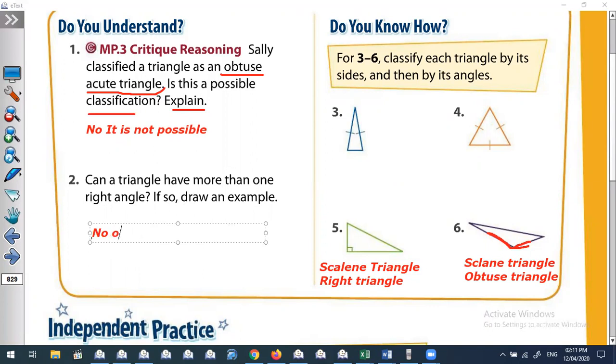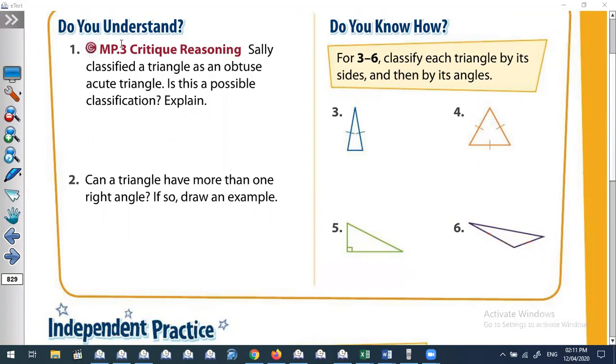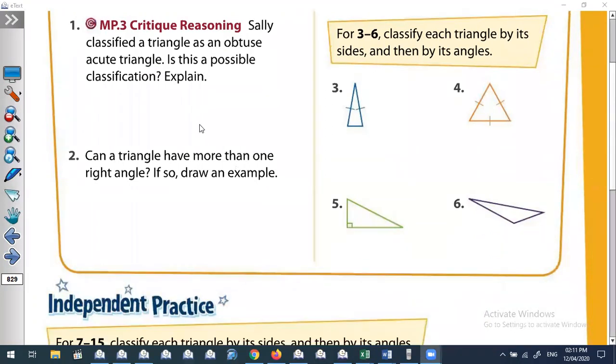Only one right angle and two acute angles. So it cannot be. The next exercise.